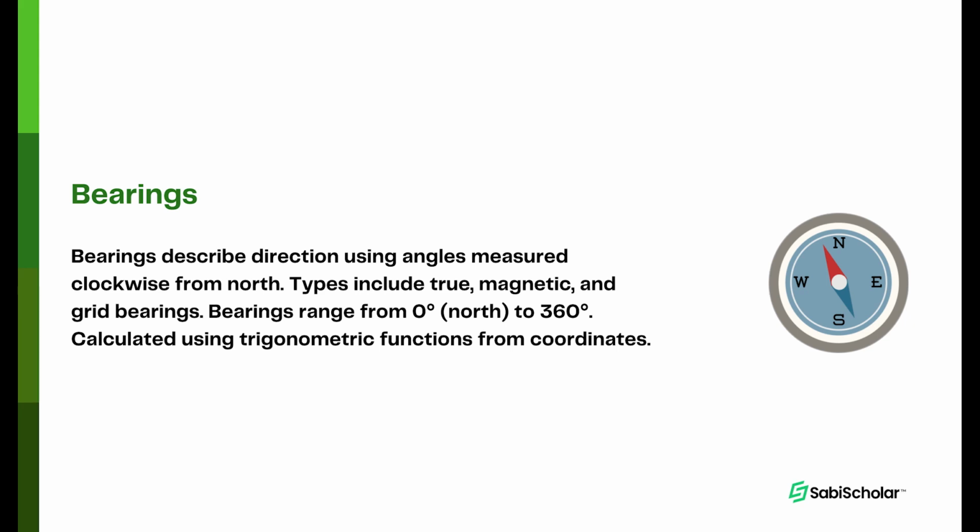Bearings are typically represented in degrees from 0 to 360. We have 0 degrees or 360, which is due north, 90 degrees, which is due east, 180 degrees, which is due south, and 270 degrees, which is due west.